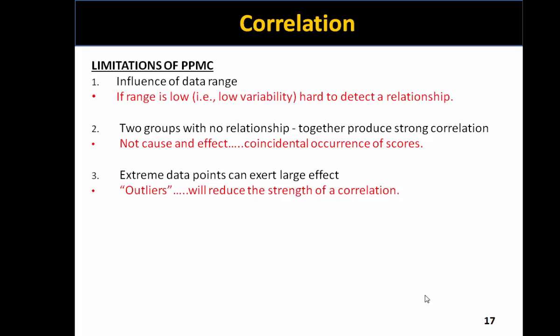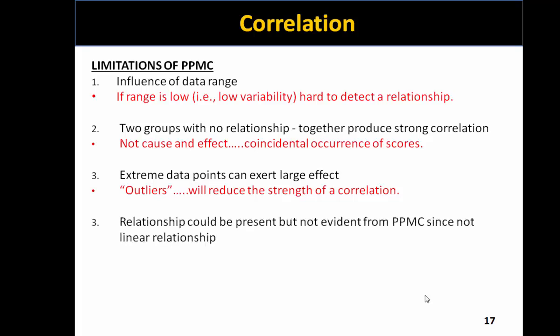The first that we'll address are what are called outliers, and outliers will reduce the strength of a correlation. Although we won't define it on this slide, and we'll touch on it later, the second type of extreme point is referred to as a leverage point. And a leverage point can have the same effect in reducing the strength of a correlation.